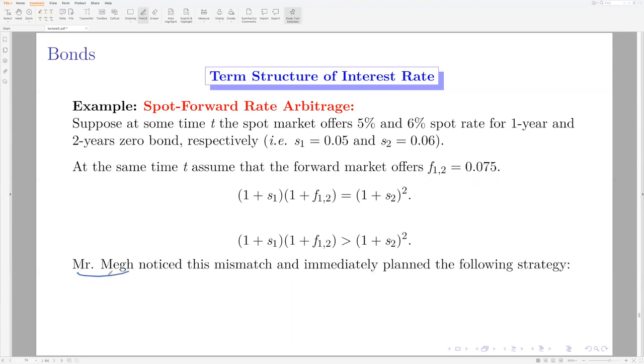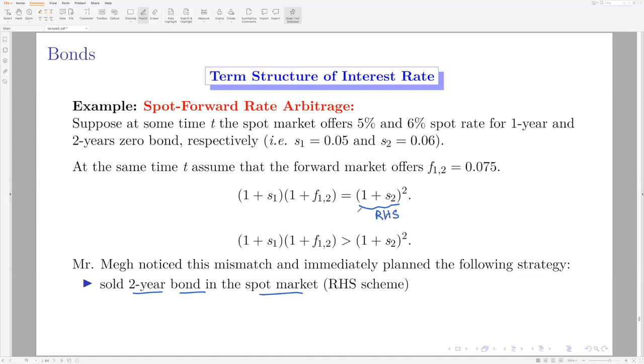Our friend, let us call him Meg, noticed this mismatch. And he immediately planned a clever strategy. What is that? Let us see. He sold the 2-year bond in the spot market. That is this scheme. Let us call this the RHS scheme, that is buying the bond for 2-year maturity.